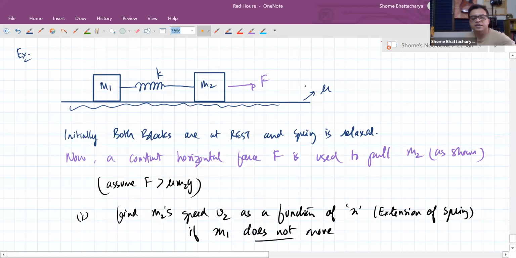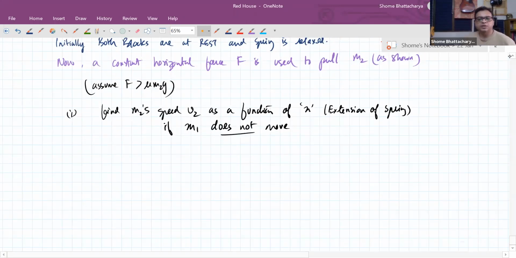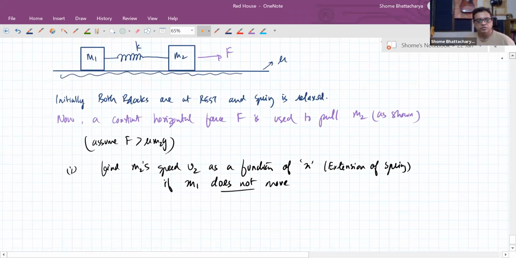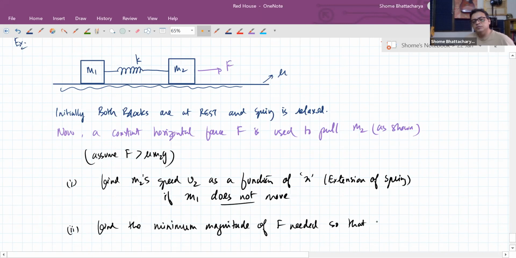That's the easy part. Now the second part we just have to find out the minimum value, the minimum magnitude of F needed so that M1 should be disturbed from equilibrium.